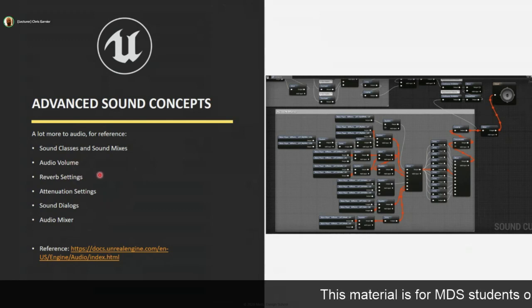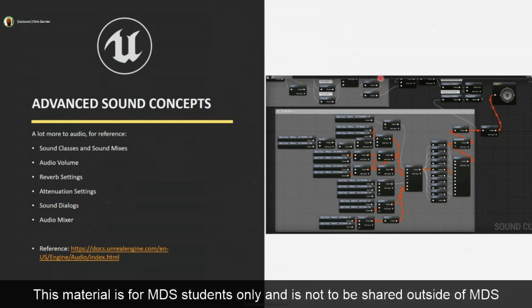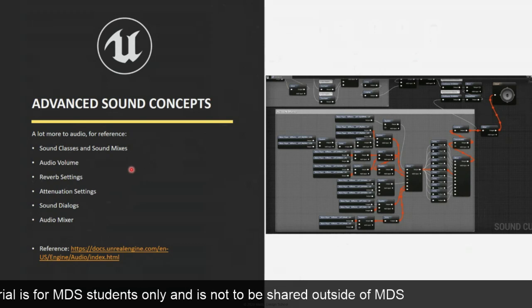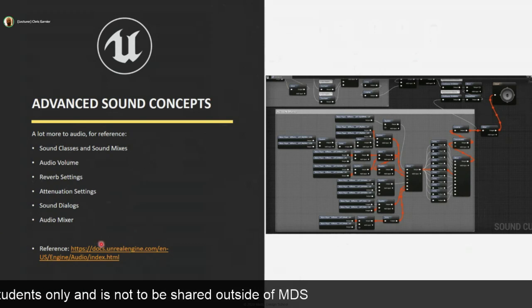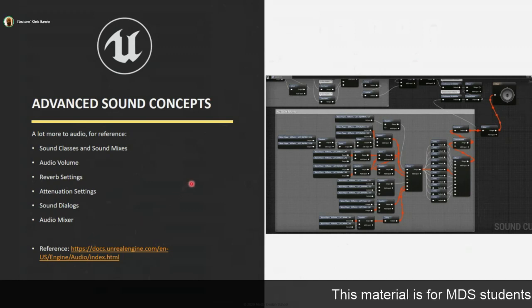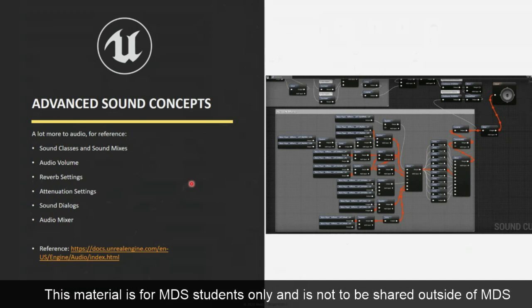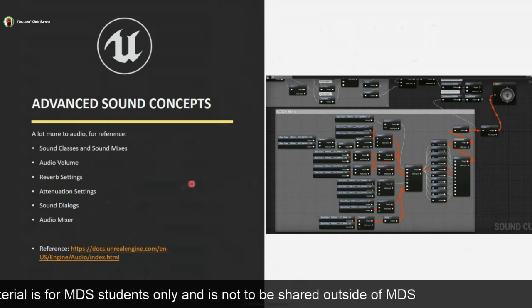Oh, sorry, wrong section. Yeah, there's actually way more to sound than this, but we won't really have time. I just want to show you guys the basics. But if you're interested in sound, look at the link over here. There are things like sound classes and sound mixes that are really important, especially when you make a full game. For example, in some games, when a character is talking, when there's a dialogue, they automatically lower the volume of every other sound in the game, like gunshots and stuff like that, so that you can hear what the character is saying.